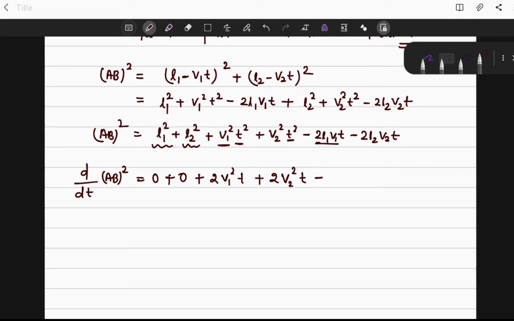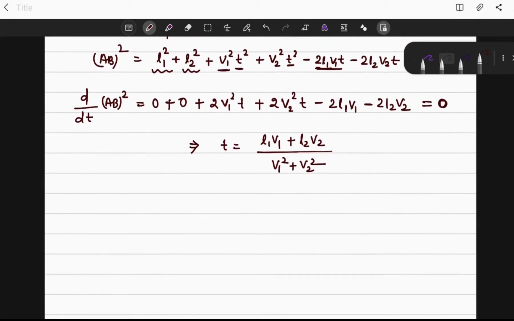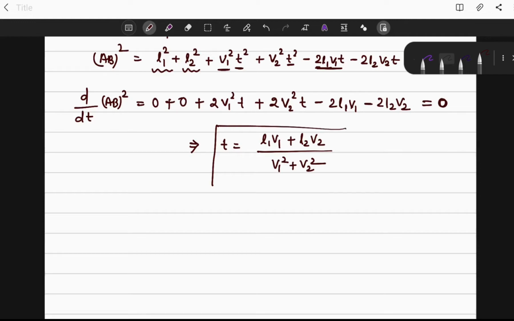Here 2 L1 v1 is constant and the differentiation of t is 1, so we write minus 2 L1 v1 minus 2 L2 v2, and the whole expression we equate to 0. If we solve this, we get t equal to (L1 v1 plus L2 v2) divided by (v1 square plus v2 square). So this is the time at which the distance between those two particles will be the smallest.